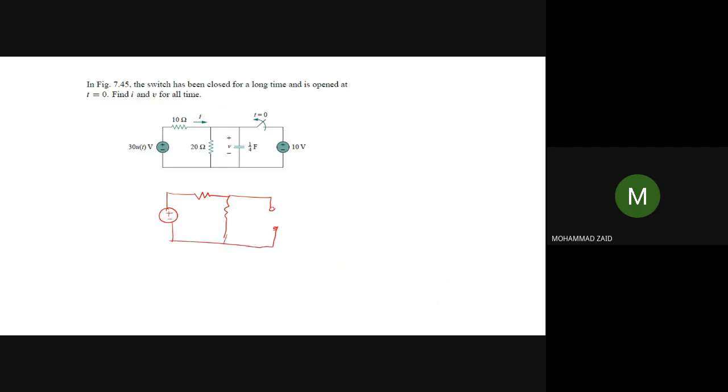Simple circuit. It becomes like the previous problem, 10 ohm, 20 ohm. You can quickly define what will happen at V infinity. Now V infinity will be equal to 20 upon 30 into 30. That is equal to 20 volts. So that will be VC infinity.